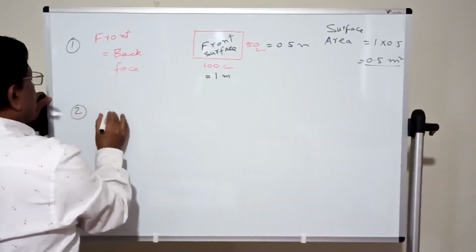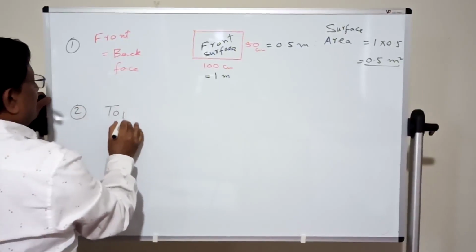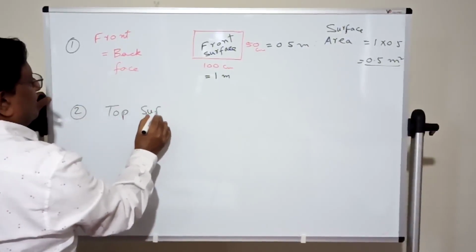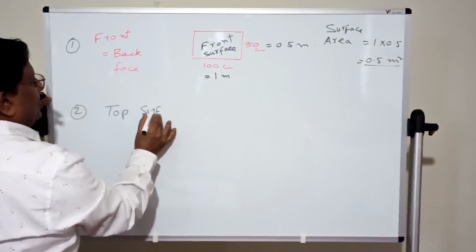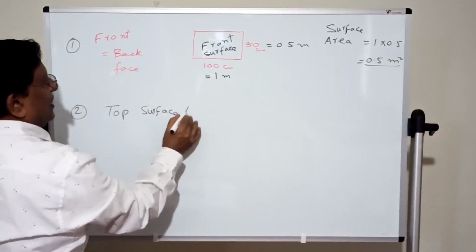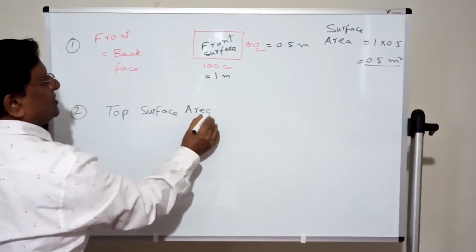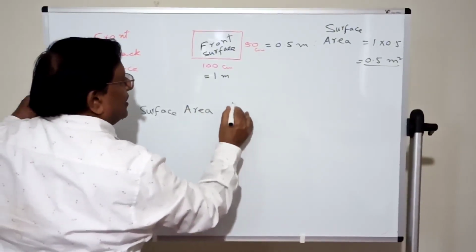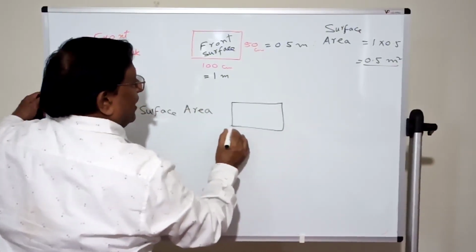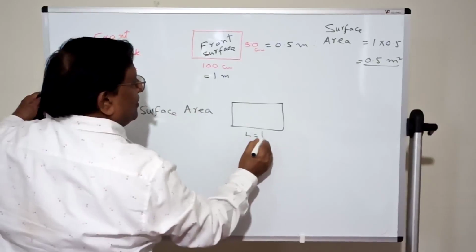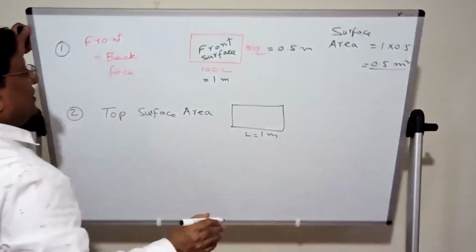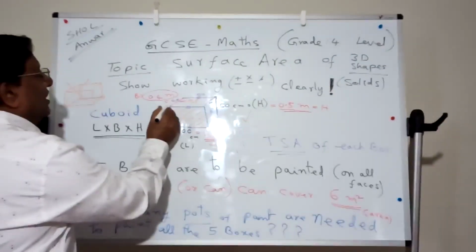Number 2 is the top surface area. For that top face, you just draw the rectangle. And the length is the same thing, 1 meter. Top means here, this is the top.